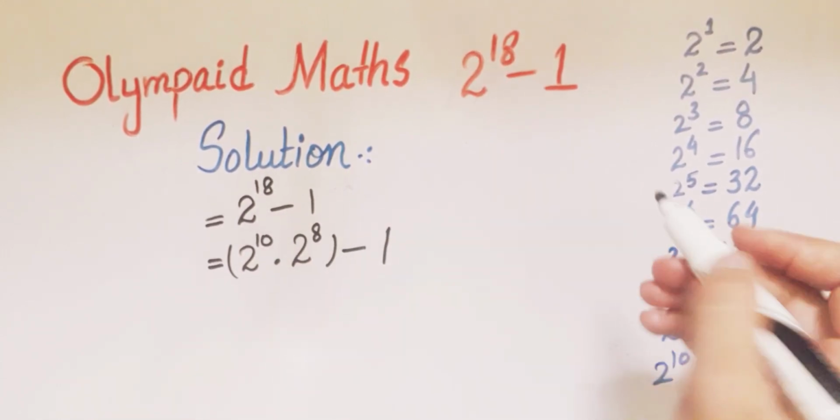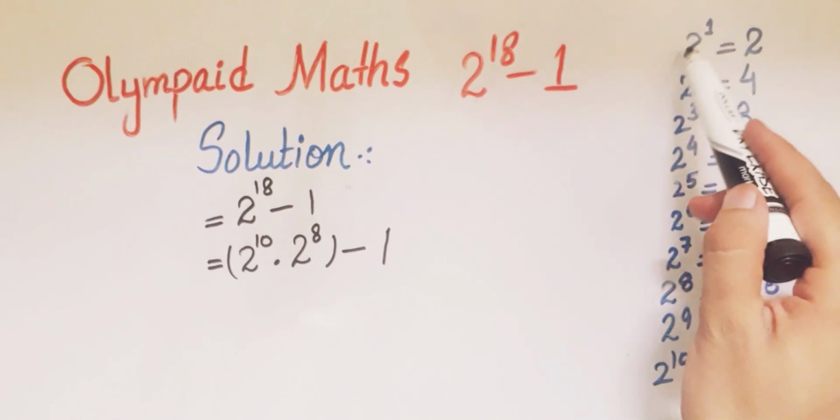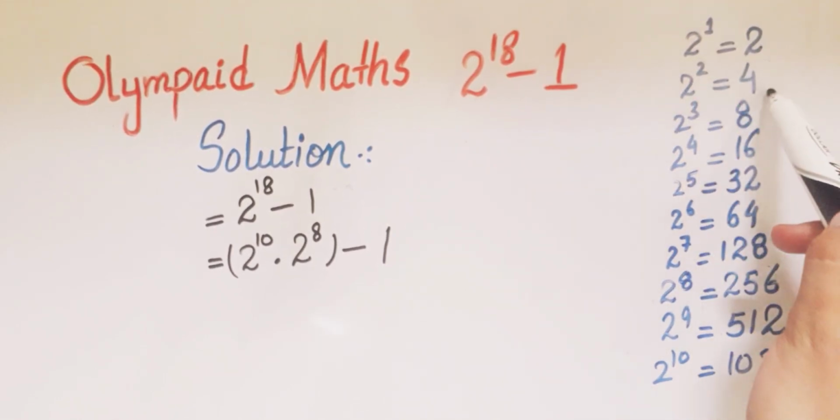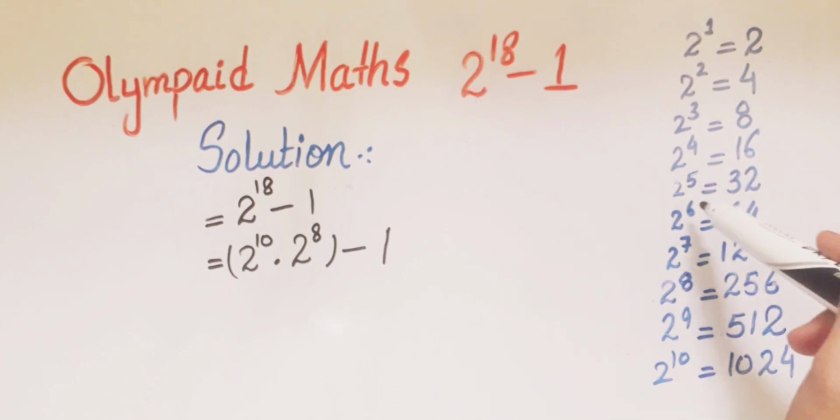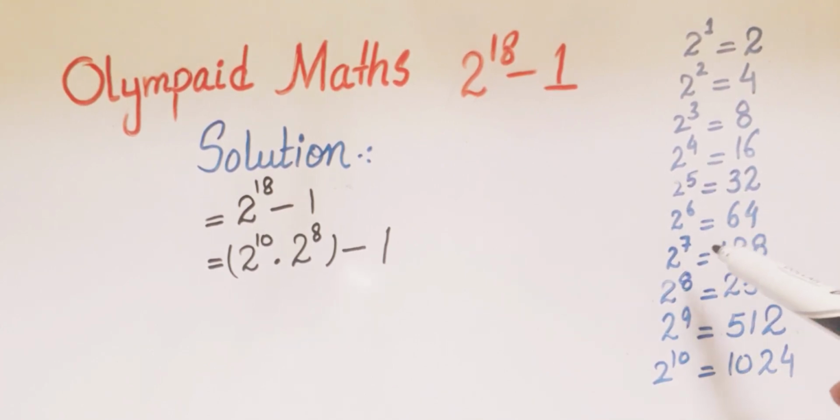minus 1. Here we know that 2 power 1 is 2, 2 power 2 is 4, 3 is 8, 4 is 16, 2 power 5 is 32, 2 power 6 is 64, 2 power 7 is 128, 2 power 8 is 256, 2 power 9 is 512 and 2 power 10 is 1024.